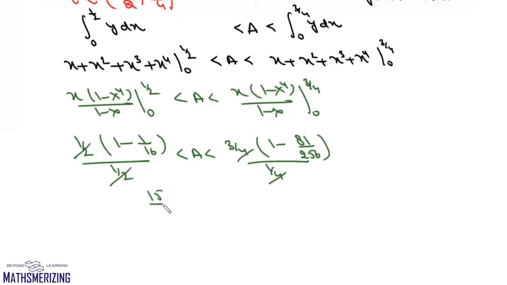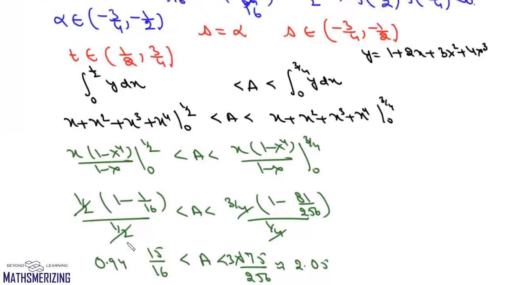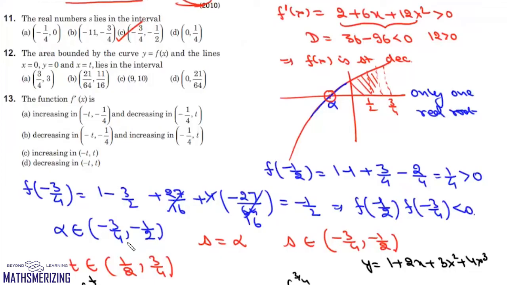So this area will lie between 15 by 16 and 175 by 256. So this is nearly 2.05, and 15 by 16 is nearly 0.94. So you have to choose the value which contains 0.94 and 2 point this value.